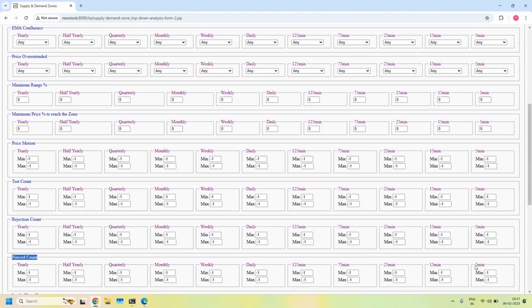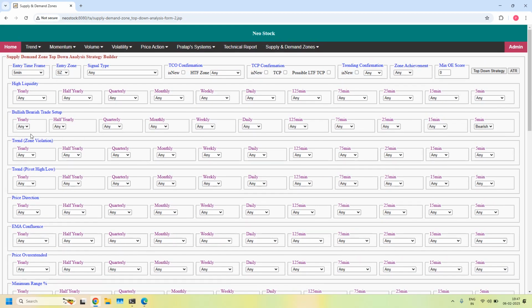So in the pierced count parameter at 5 minutes time frame, minimum value I am setting 0, maximum value I am setting 0. Zone achievement should be violated opposing zone, minimum odd enhanced score is 12, and all the 3 filters are applied to 5 minute supply zone.